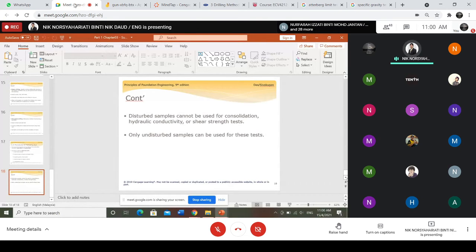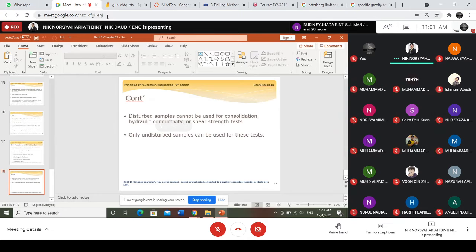But of course in the lab, you carry out the consolidation, permeameter and shear strength tests. Do you carry out the lab tests, or do you just watch, with the sample already there so you just take the data?